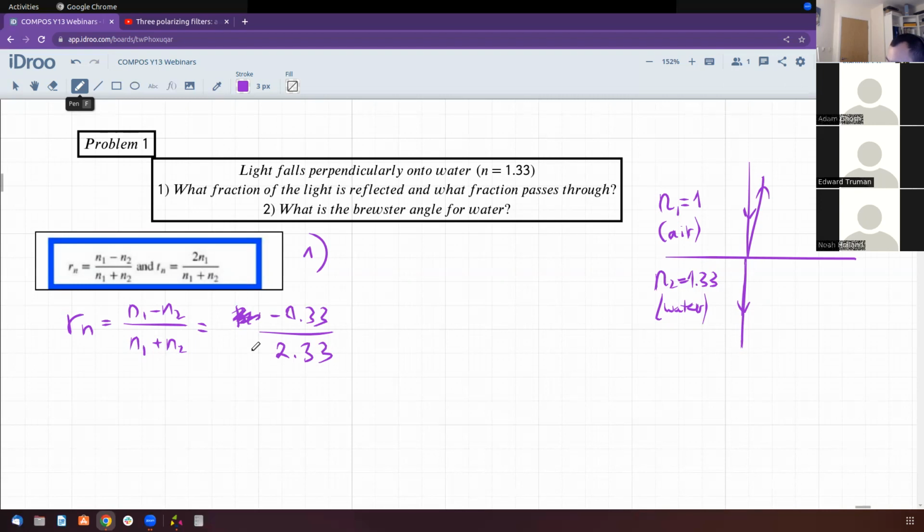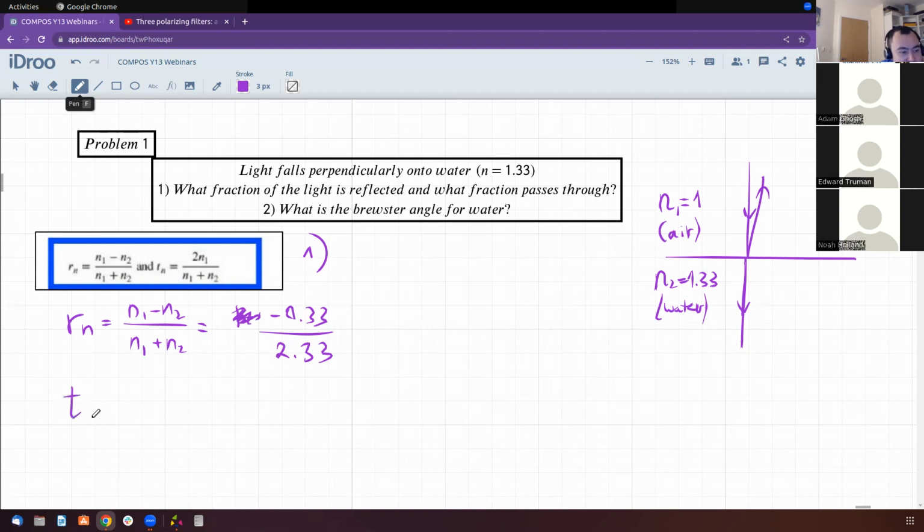Yeah, because you can have it both ways. You can have denser to less dense, and you still have a reflection.